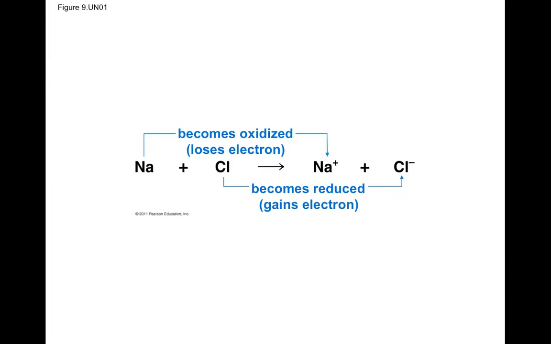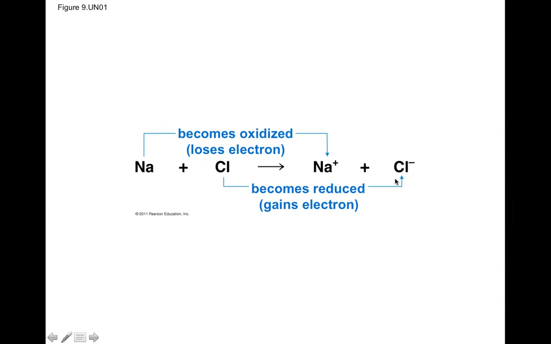So let's look at a fairly simple example. Back in chapter 2, we talked about the emergent properties of substances like sodium, the explosive metal, and chlorine, the poisonous gas, which, when they form ions and complete their valence shells, sodium becomes a positive ion because it loses an electron.